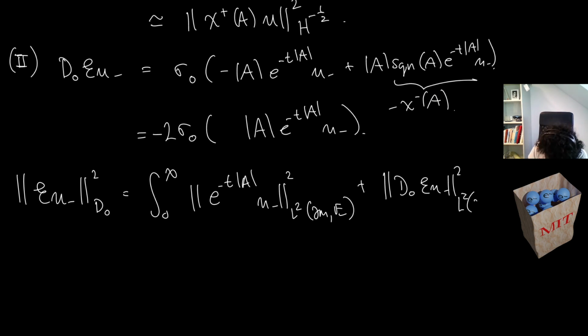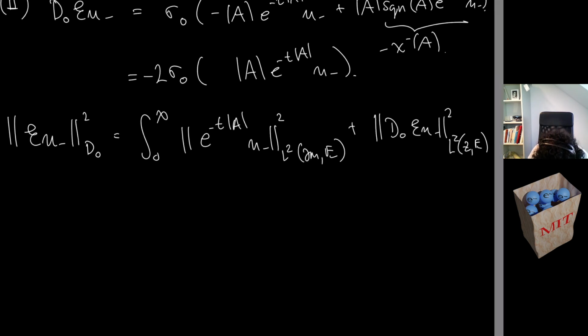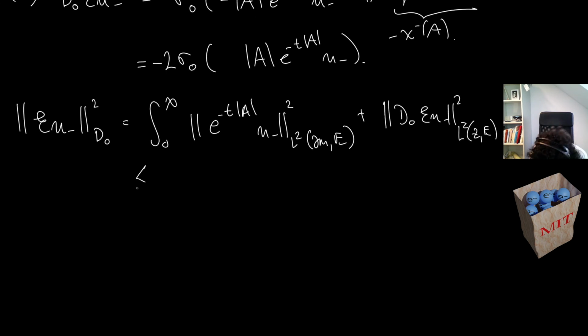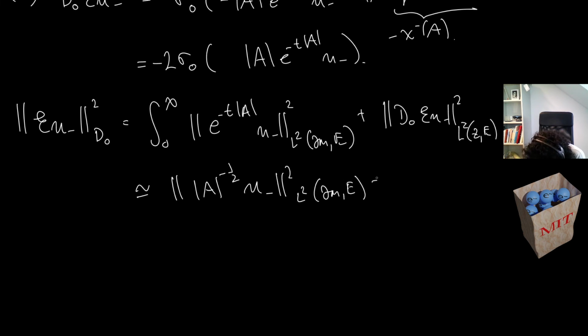But I want to first say that we've already seen that this term can be written as the norm of a to the minus a half of u, squared in L2 of the boundary, plus d naught Eu, squared in L2.